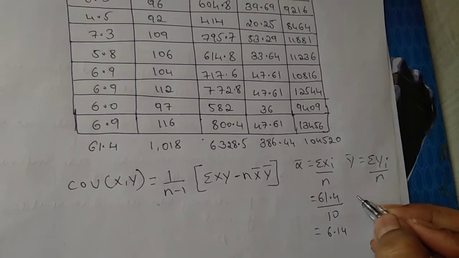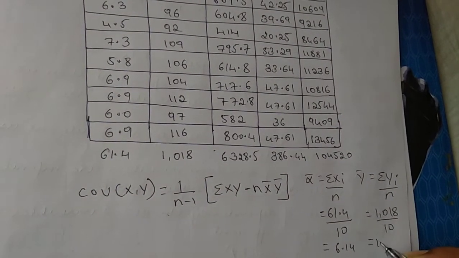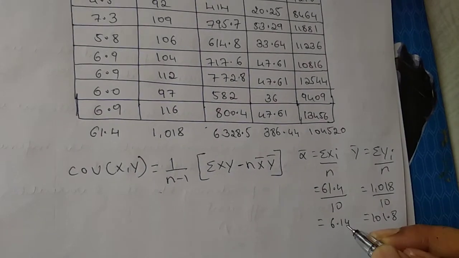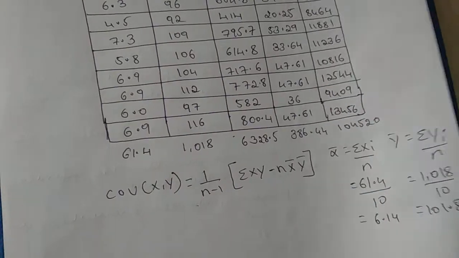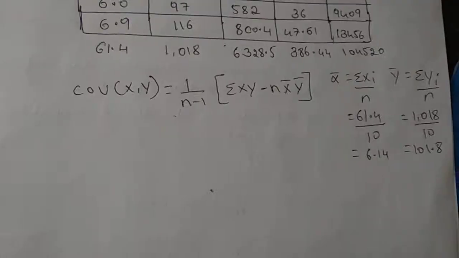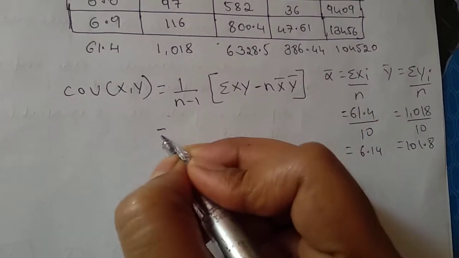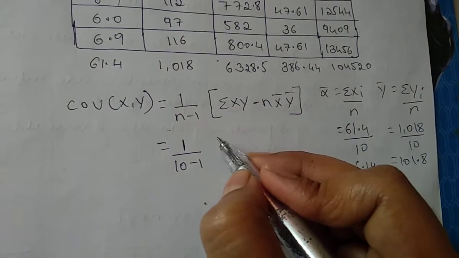Then here 1018 divided by 10 is 101.8. These are the values for x bar and y bar. Now we'll substitute all these values in this covariance and we'll get the value for it. So here 1 divided by n minus 1 means 10 minus 1.